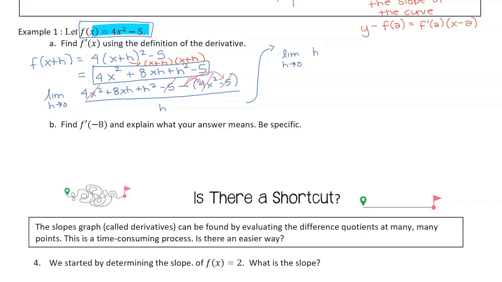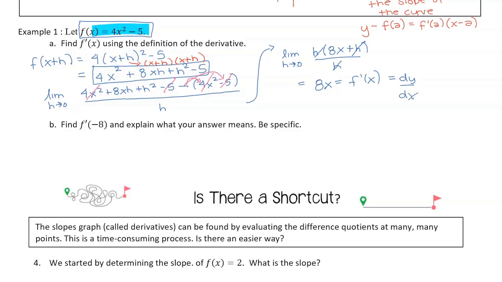Now I'm going to factor out an h of everything that's left over, so h times 8x plus h all over h. Those divide out. Then when I apply the limit, this will go to 0. So I get 8x. This is going to be the derivative. Or I could also write it in Leibniz notation with dy/dx.